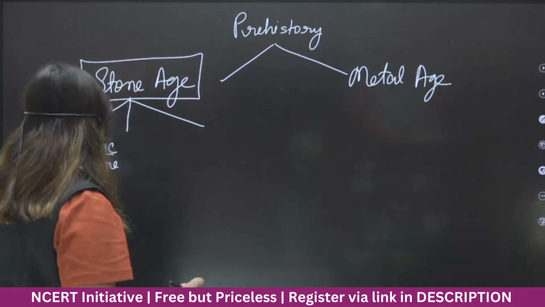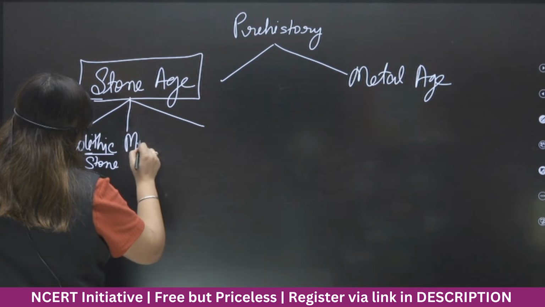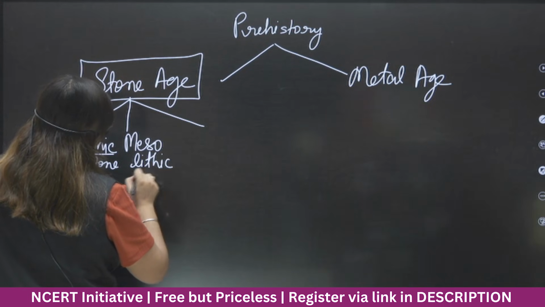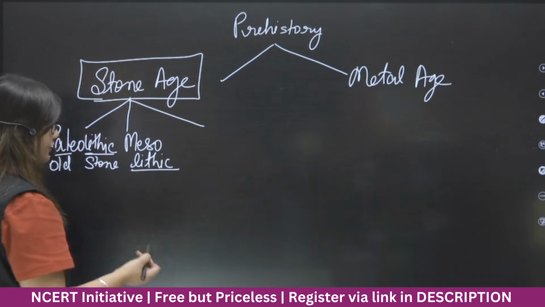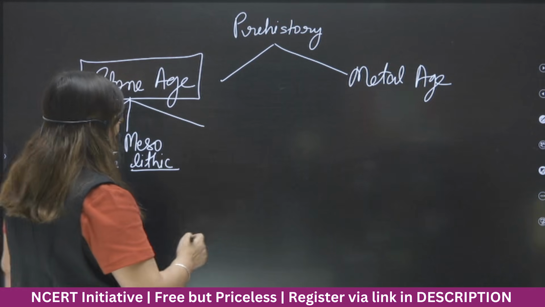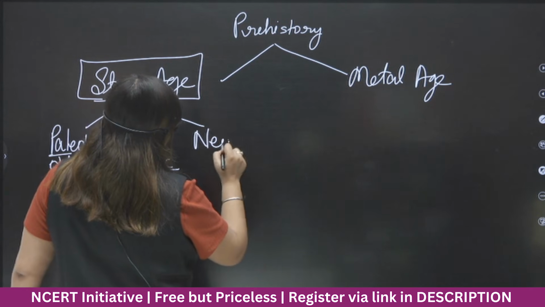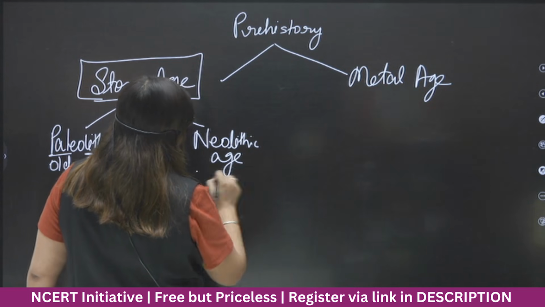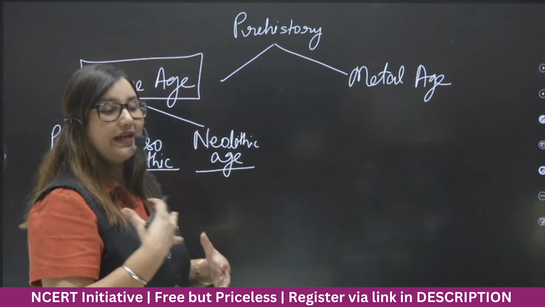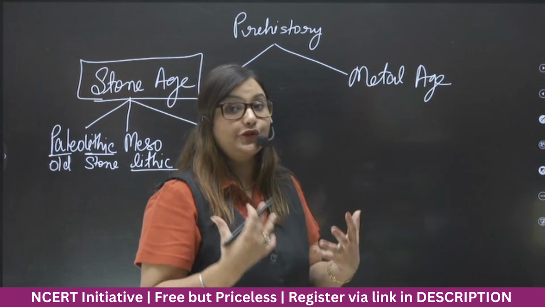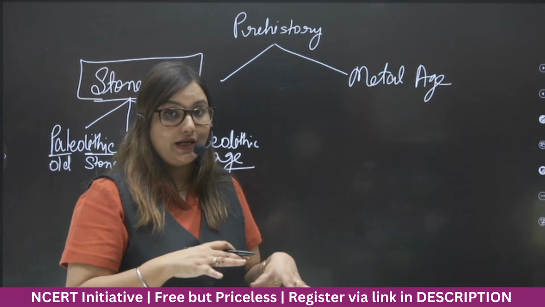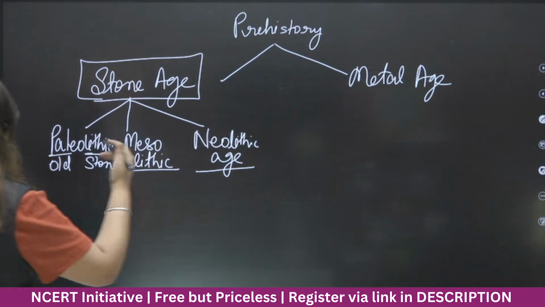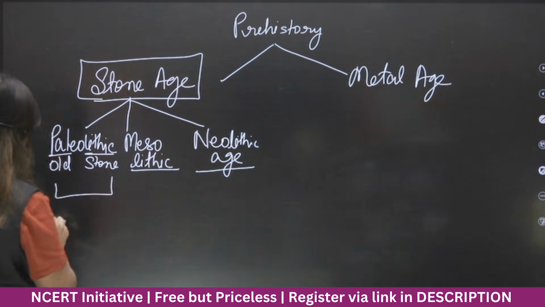Fine. Then we have Mesolithic Age. Meso means Middle Stone Age, which was a transitional period. Then we got Neolithic Age, which is New Stone Age. It is also known as the time when the agricultural revolution came. People started settling down. And if we look at the time period, we are starting the series from 2 million years ago.